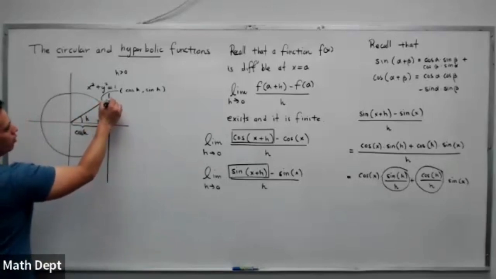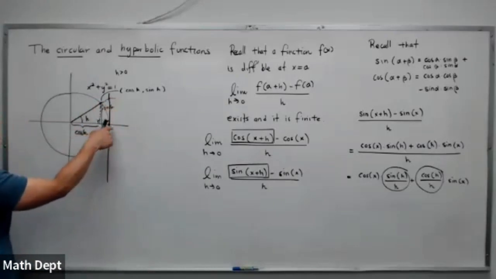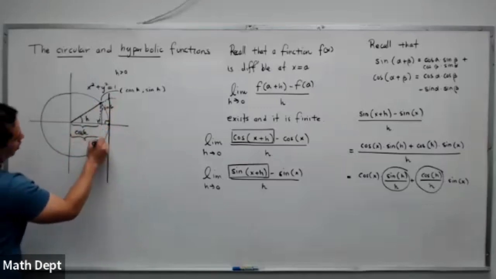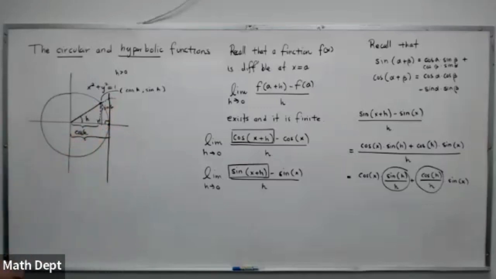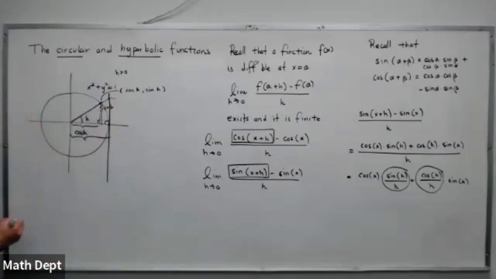I'm going to build another triangle, the one that we make with this tangent. What should be the length of that side of that right triangle? This is a radius of the unit circle, so it should be 1.